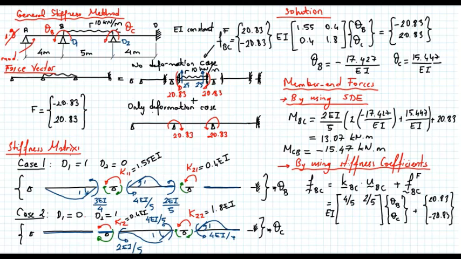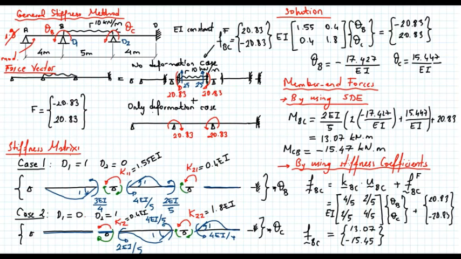When I want to calculate the moment at point C for member BC, I get 2EI over 5 multiplied by theta B, so this is 2 over 5, and 4EI over 5 multiplied by theta C, so I get 4 over 5 here. When you do that calculation, we determine the end moments of FBC as 13.07 and minus 15.45.